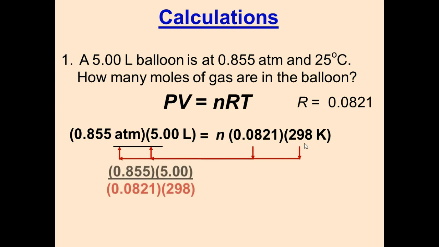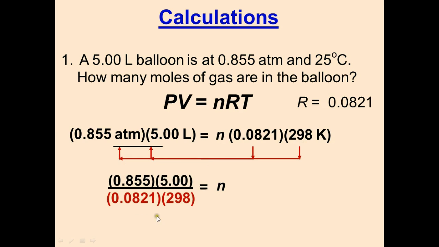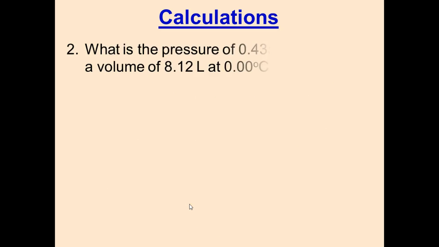If we type this in our calculator, 0.855 times 5, and then divide that answer by the product of these 2, we should get an answer of 0.175 moles. And so that is it. There's no magic to this formula. It's pretty simple. And so now we have a second problem.